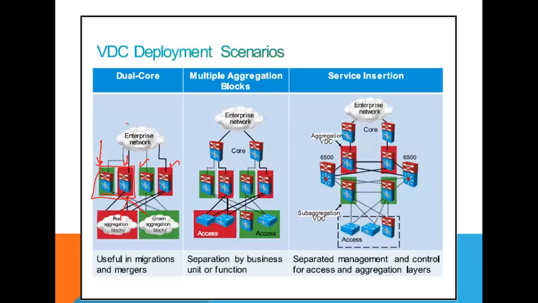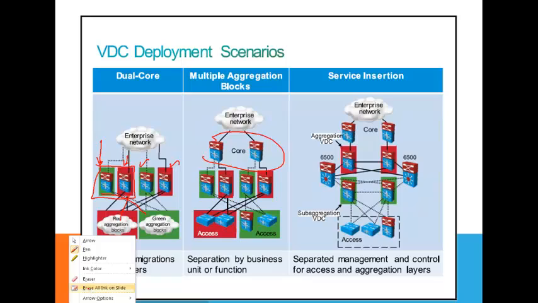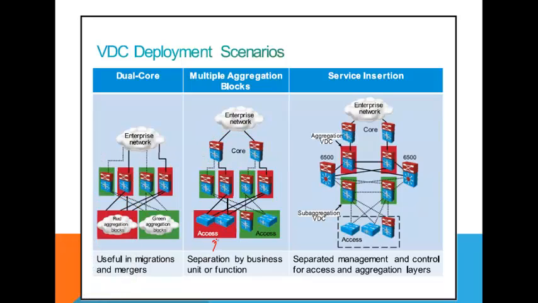Now in the aggregation level, core is already there. In the aggregation level, we have multiple access layers. Because of our business reasons, there are two different access layers, and for this access layer I want to give a dedicated aggregation layer, and for this one also a dedicated aggregation layer.